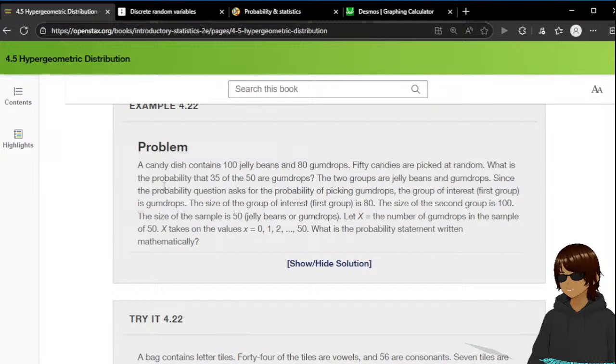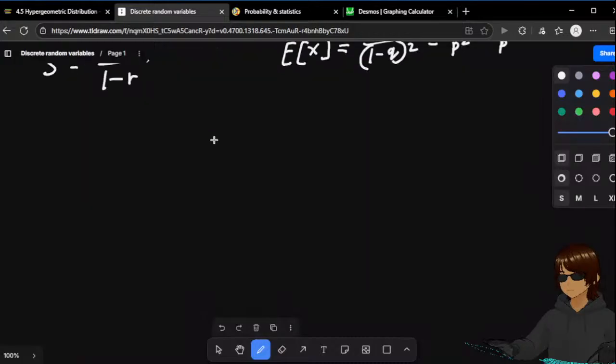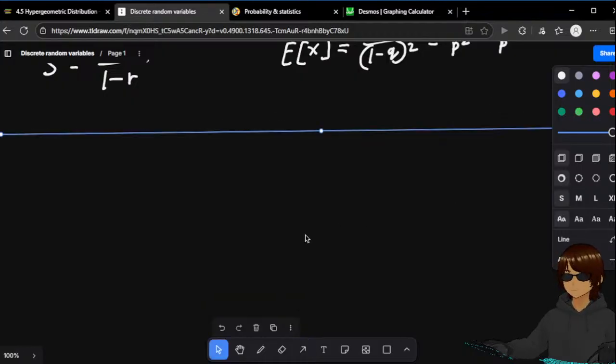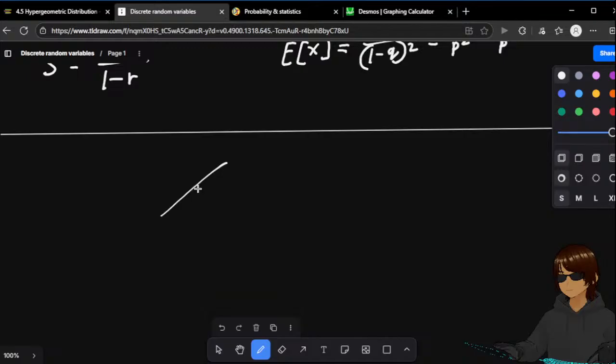Jelly bean, gumdrop, 180. I don't think I'm familiar with this one. Jelly bean, gumdrop, 80 over 180, 100 over 180.